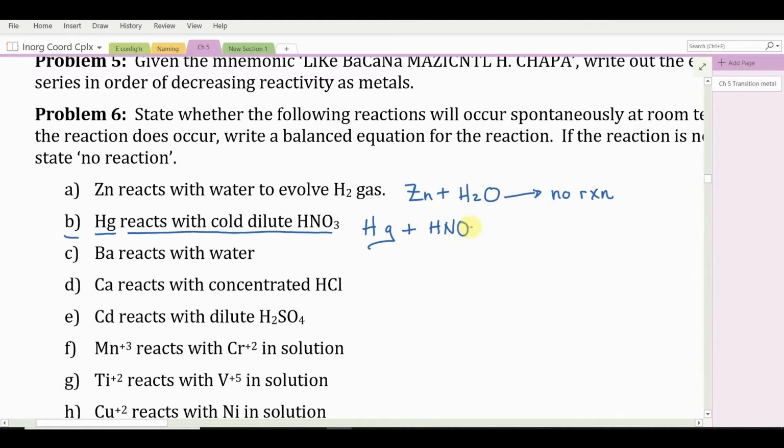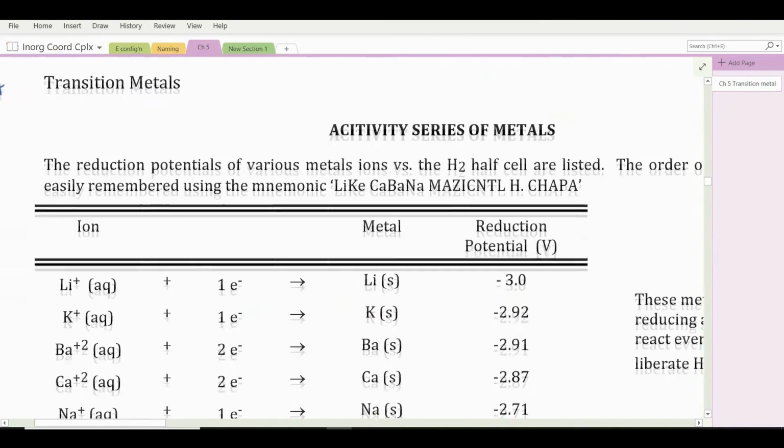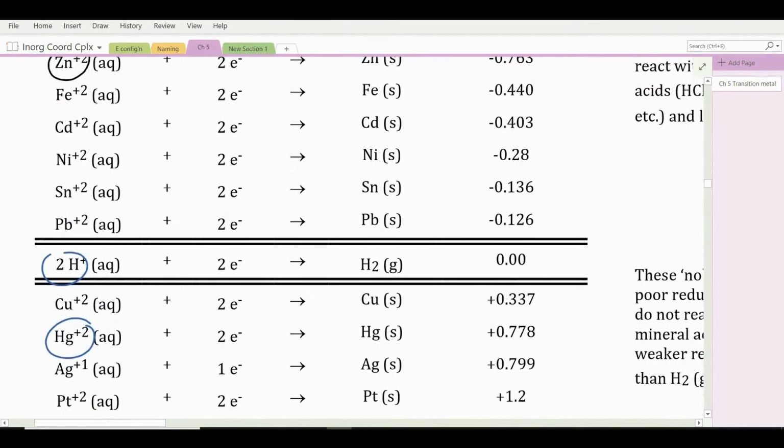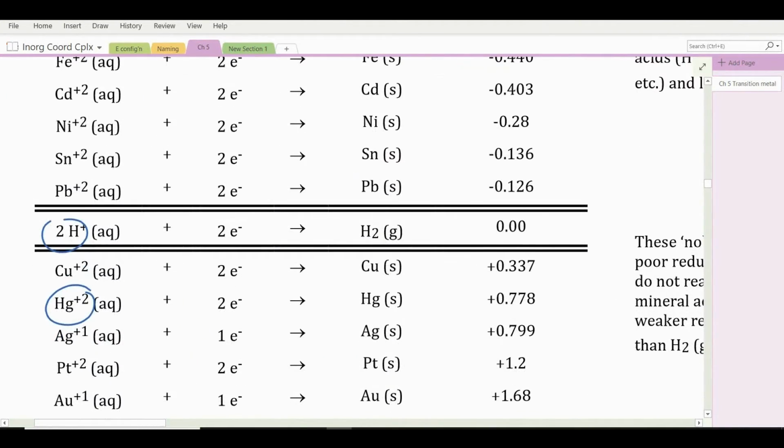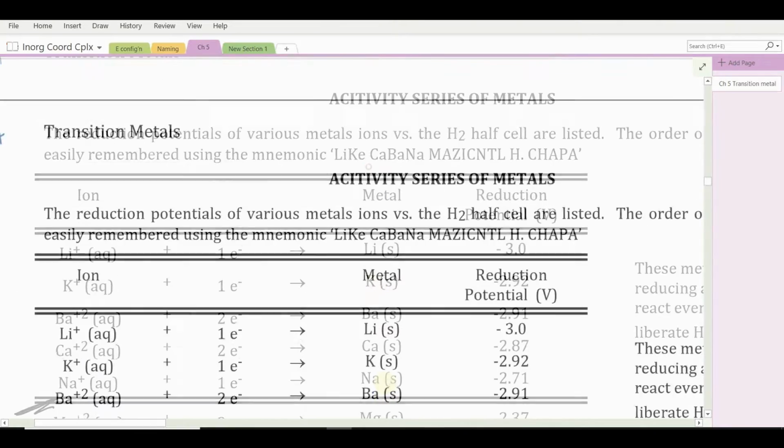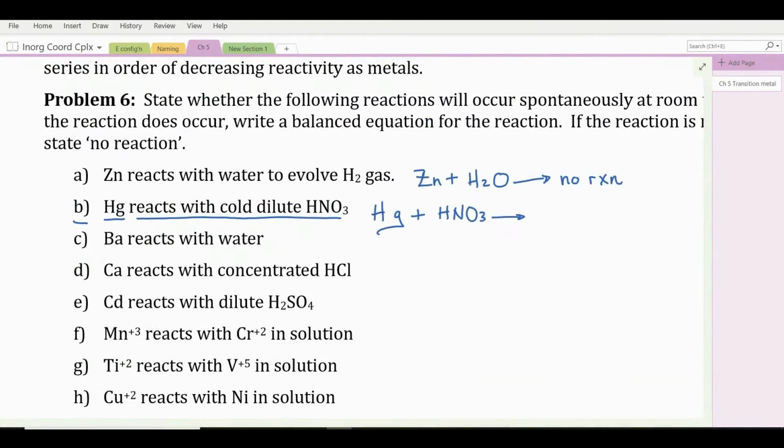If you look at the activity series on the next page, or if you recall, mercury is actually below hydrogen on the activity series. And so mercury metal would not be oxidized by hydrogen ion under normal conditions. So the direct answer here would be no. You'd say no reaction.